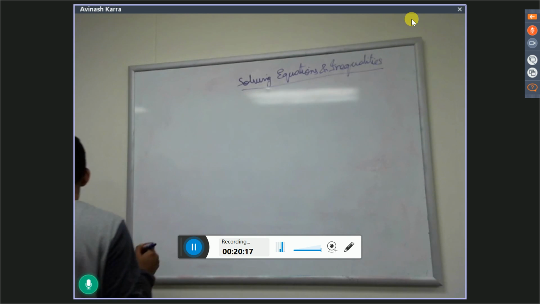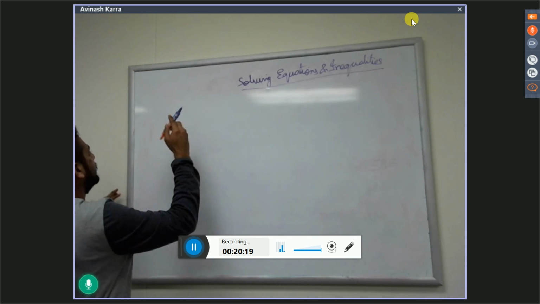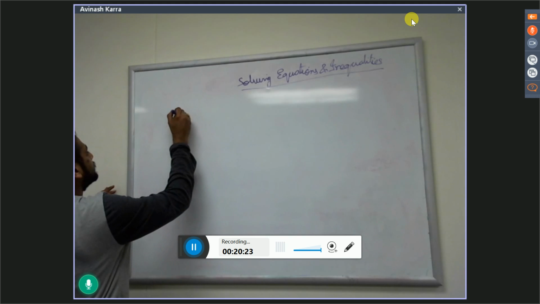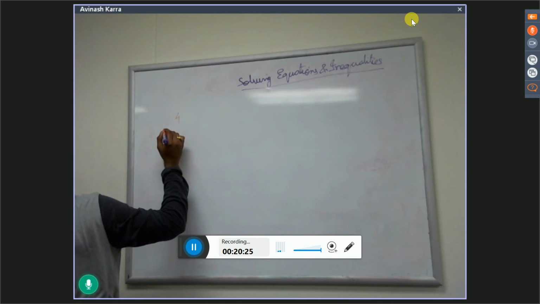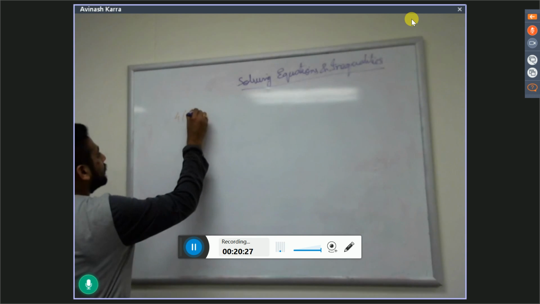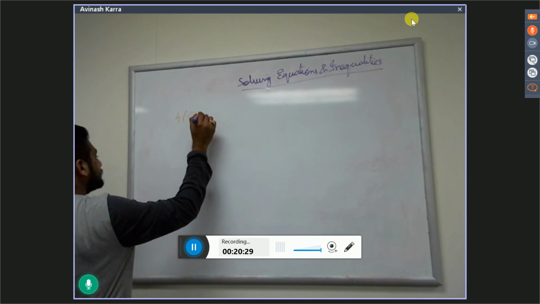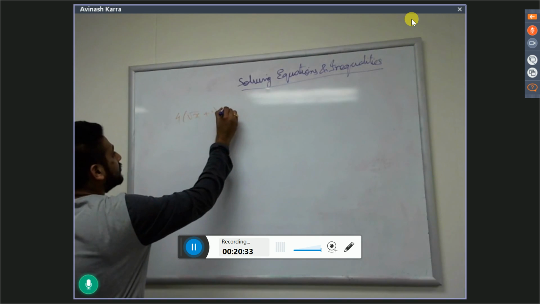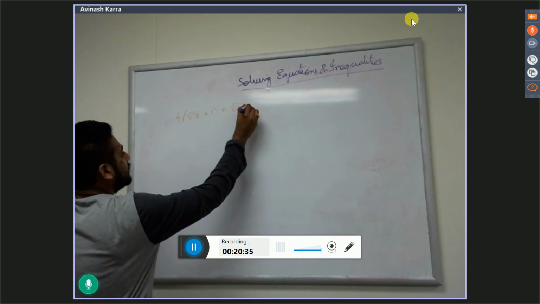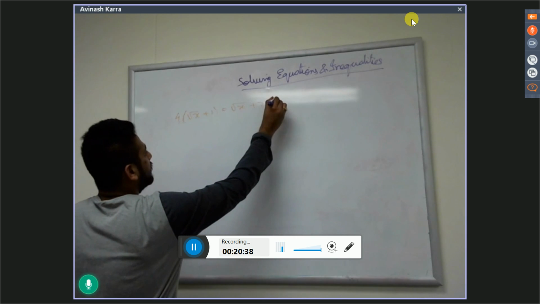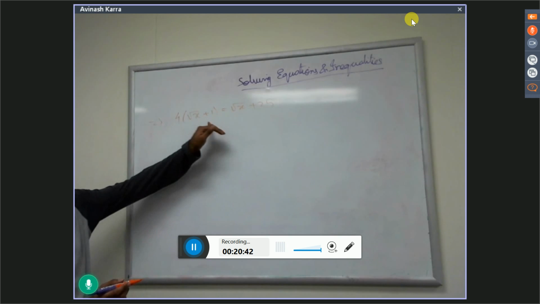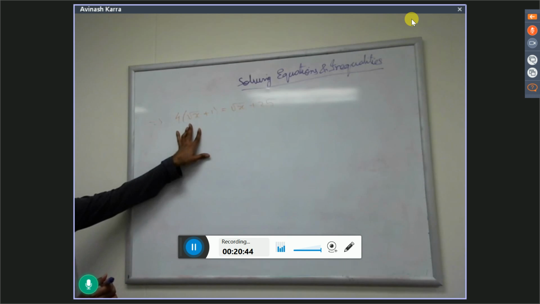Let me take one more complex example similar to that. 4 times root x plus 1 is equal to root x plus 25. So this is the given equation. First, we need to simplify the LHS.